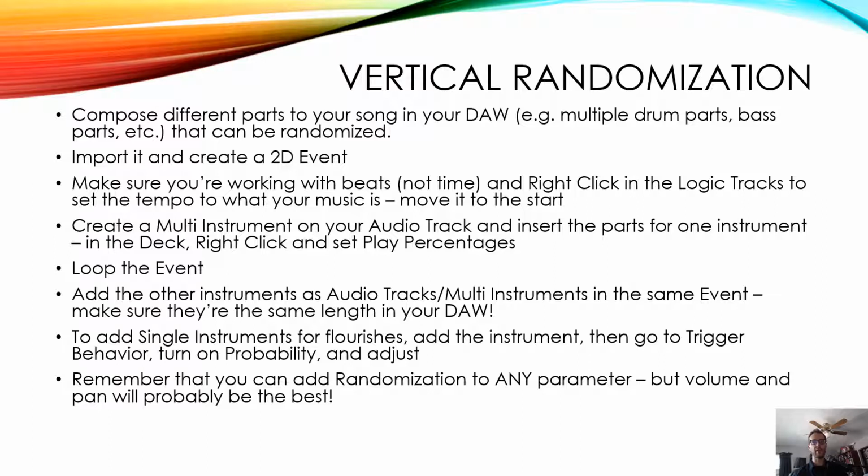This would be things like adding maybe the occasional cymbal crash or different sped up trap beat or ratcheting effect that you have as a separate instrument. And remember, you can add randomization to any parameter, but volume and pan are probably going to be the best. So we'll look at how to do this in class. I realize that's a lot to take in.